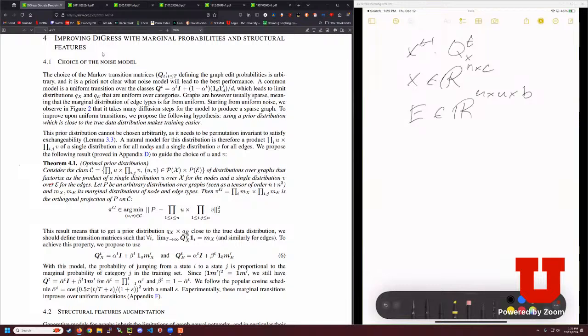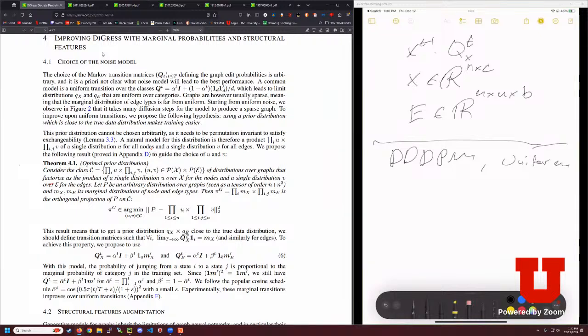In the first paper on discrete denoising diffusion probabilistic models, they started with a uniform distribution.